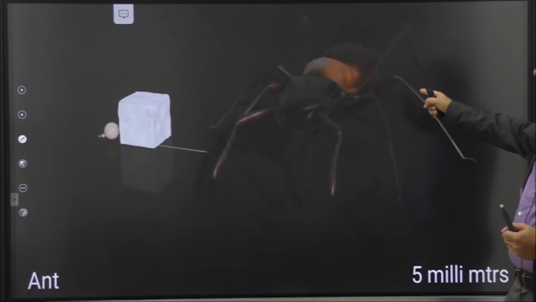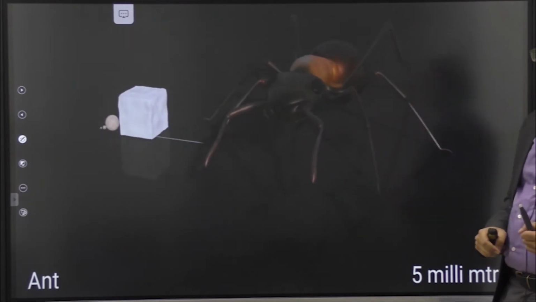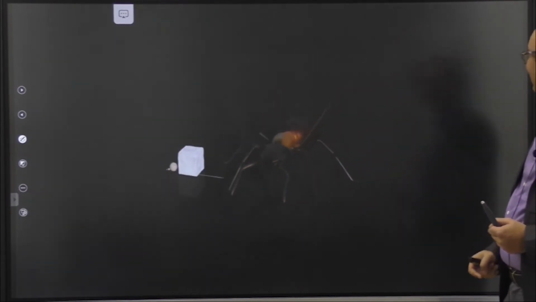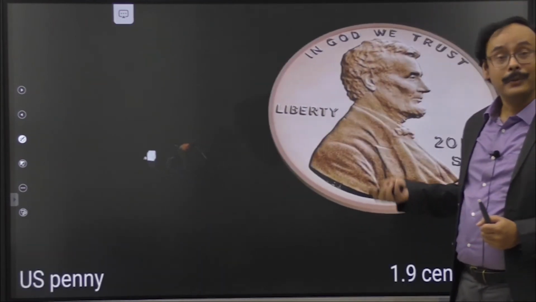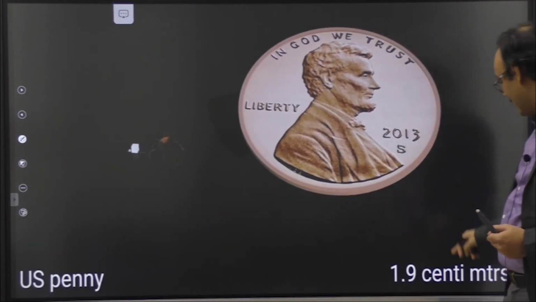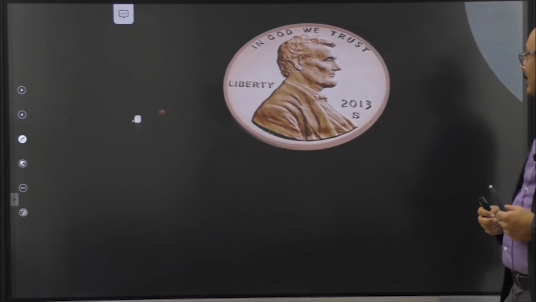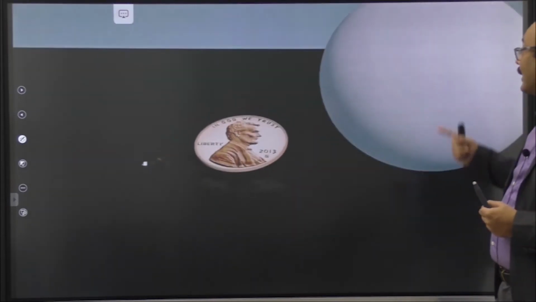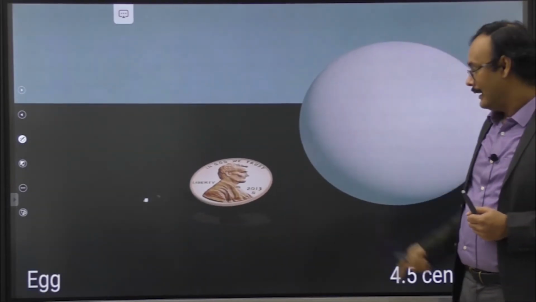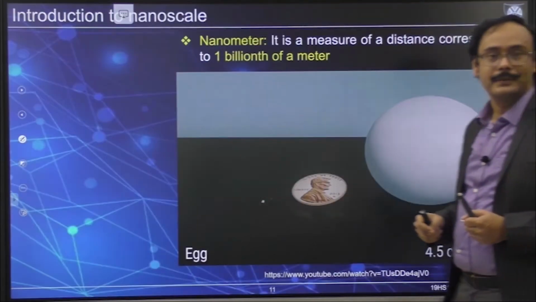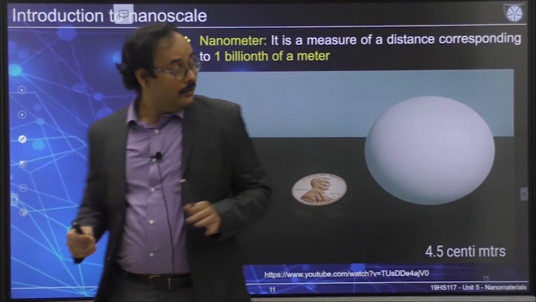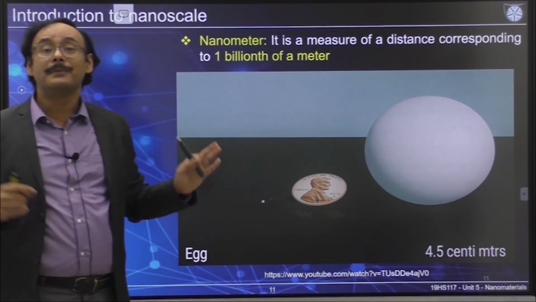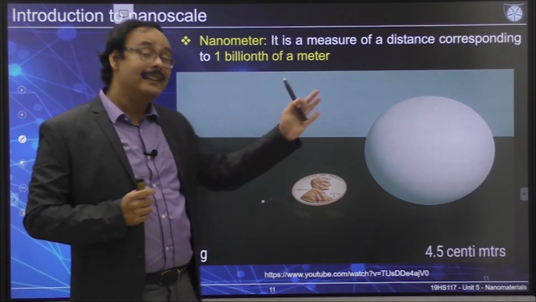If you compare with the ant, which is 5 millimeters. Now if you compare with the US penny, that's around 1.9 centimeter. Finally, if you compare with an egg, it is around 4.5 centimeter. So hopefully this video gives you some idea about the relative scaling.